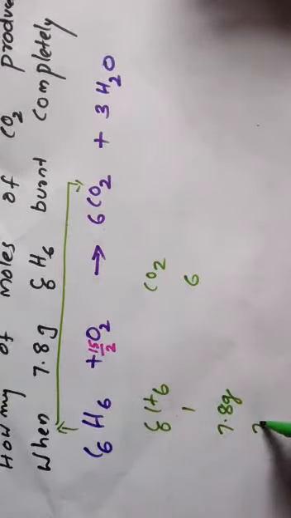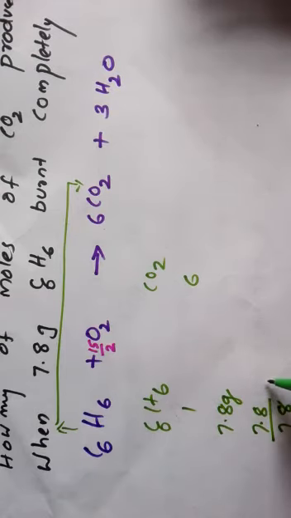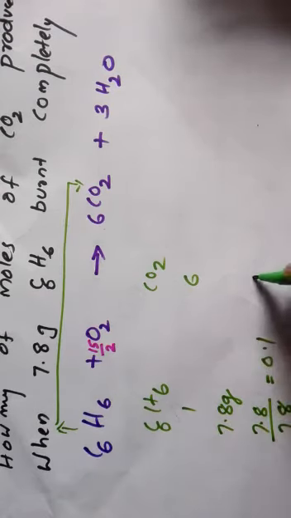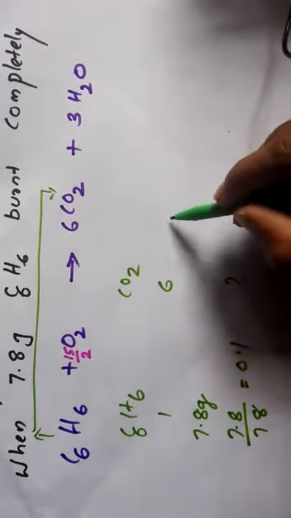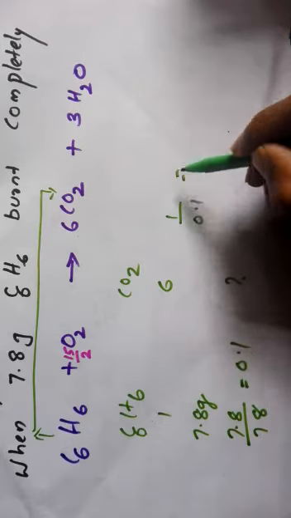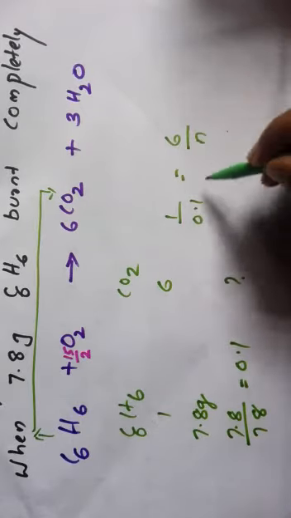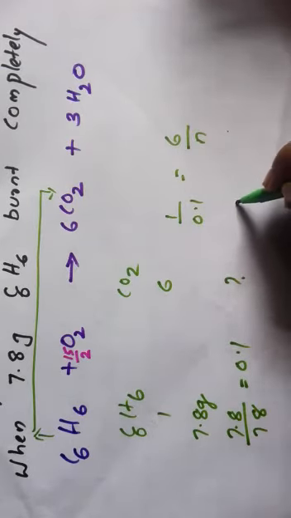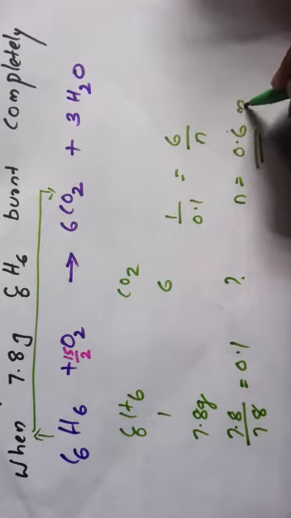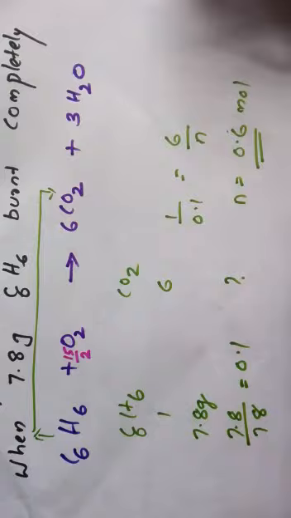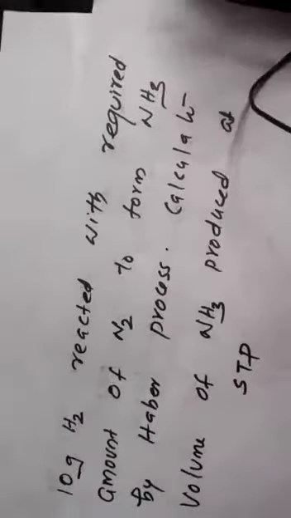Therefore, 7.8 benzene, molar mass 78. This is 0.1. Therefore, make an equation. 1 by 0.1 is equal to 6 by n. What is that? N is equal to, cross multiply, 0.6 mole. Answer is 0.6 mole. Now we can go to this question.